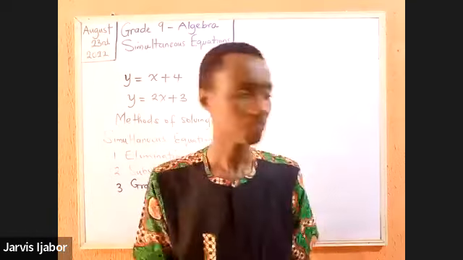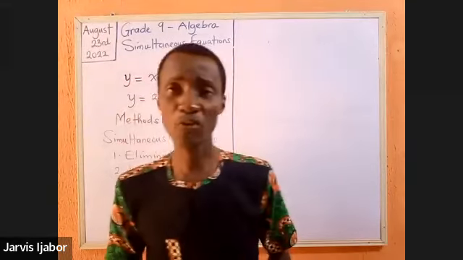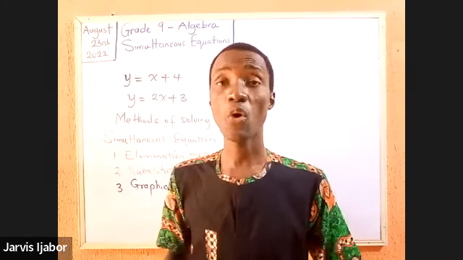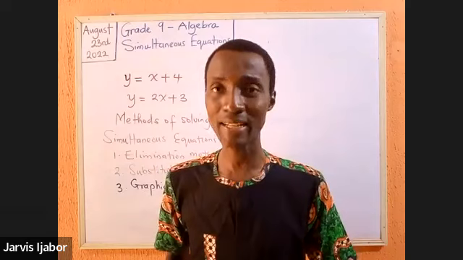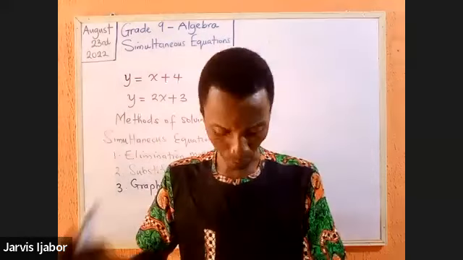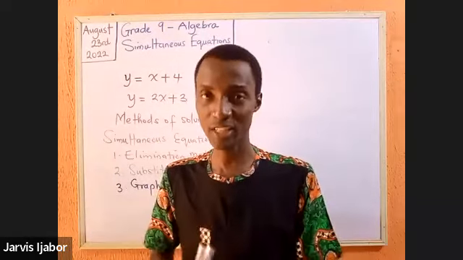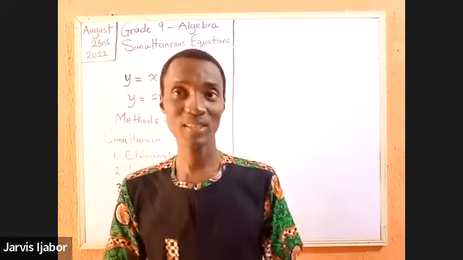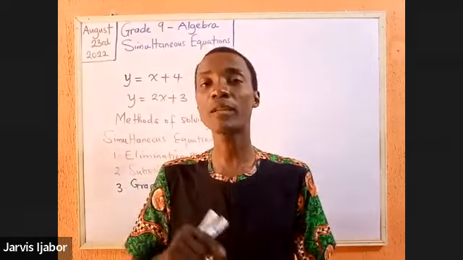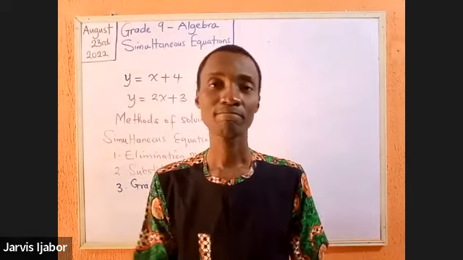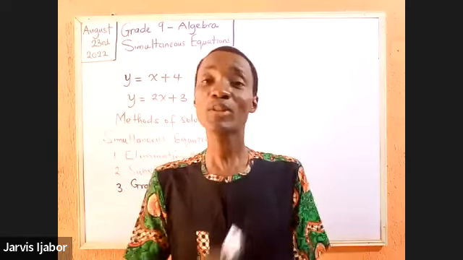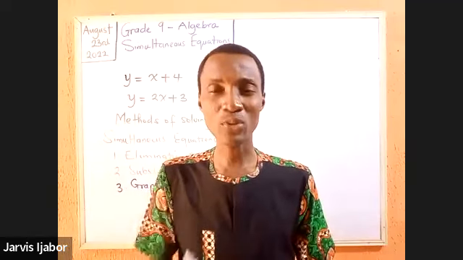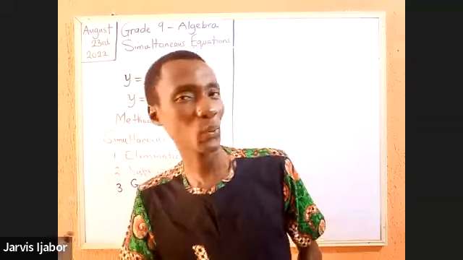Our textbook of reference for this course will be New General Mathematics for JS3, grade 9, and we are on page 128, chapter 4. What I do when I take this course is this: I usually don't go with the method of the textbook. I start by using my elimination method.